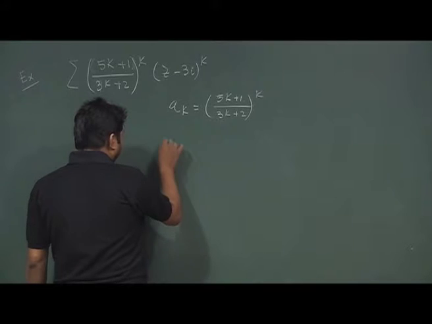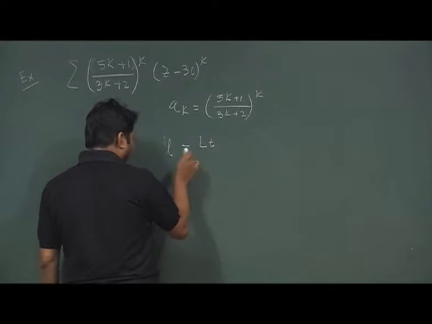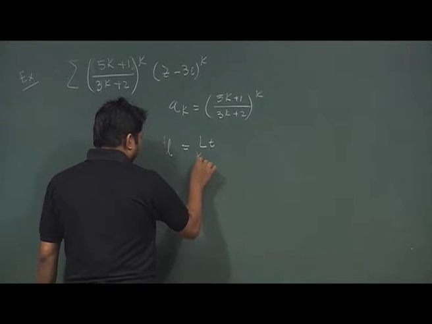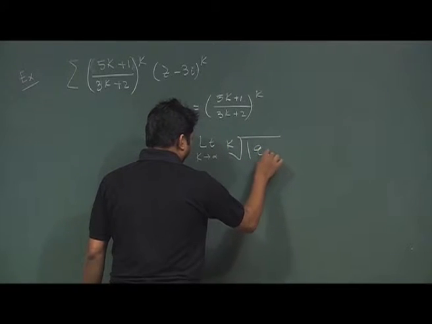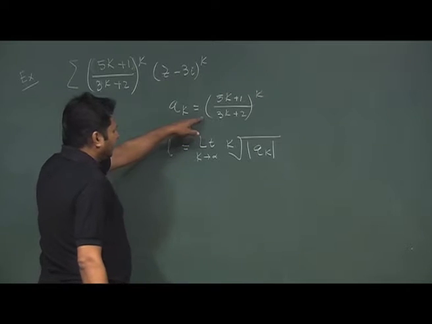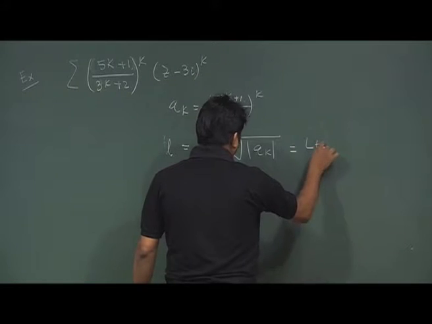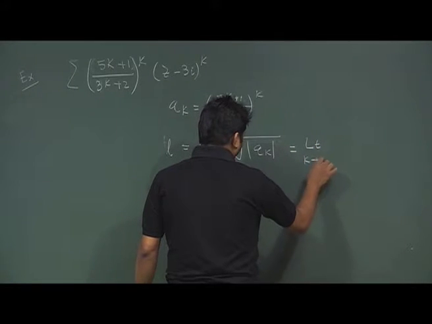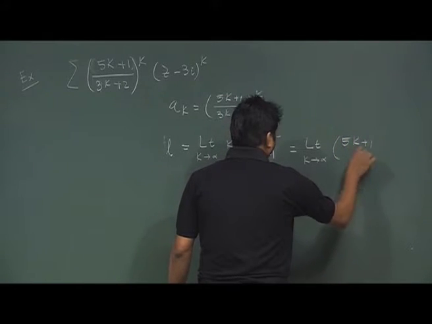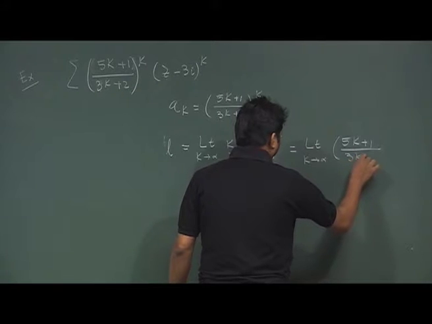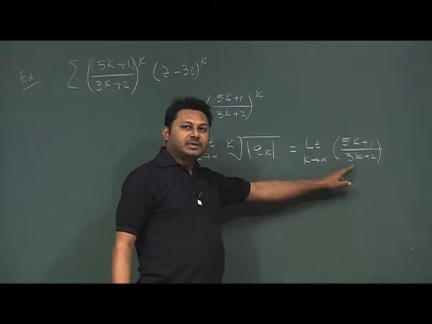So, if I want to take the limit as k tends to infinity of |a_k| to the power 1/k, it simply comes out to be the limit as k tends to infinity of (5k+1)/(3k+2). So, now things are done.